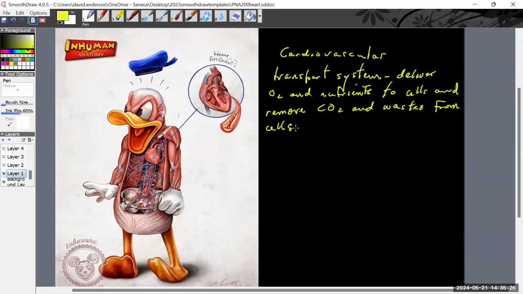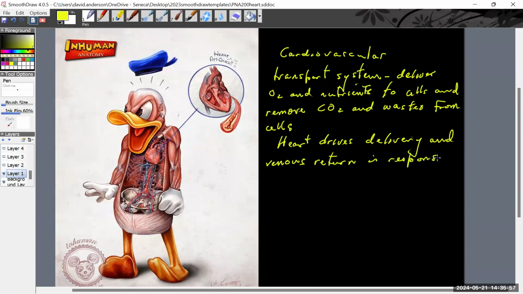So the thing to realize is that's going to require some sort of a driver. So the heart drives particularly delivery, and venous return is a general term, but it's responsible for the removal steps.